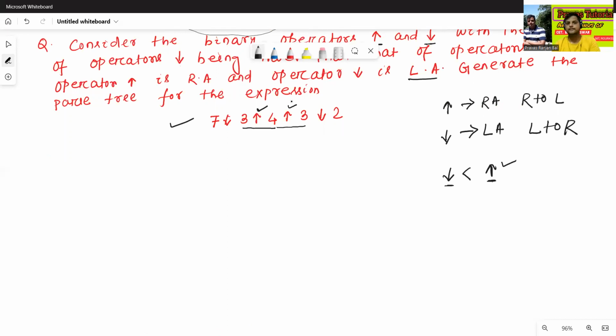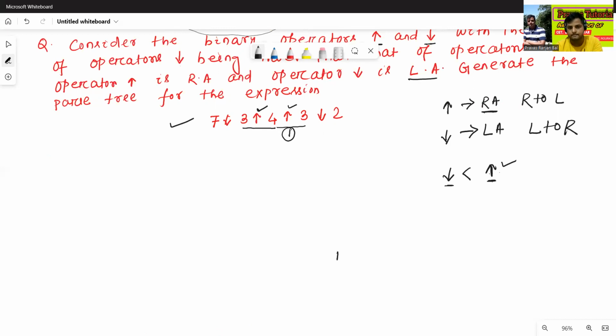How to evaluate? Since the upper arrow mark is right associative, right associative means it moves from right to left. That means first we'll evaluate this one, means 4 upper arrow mark 3.